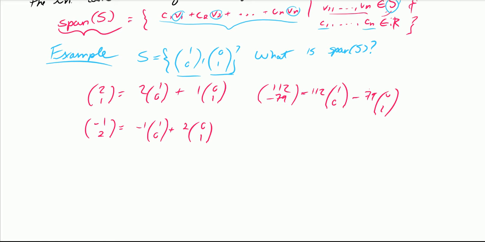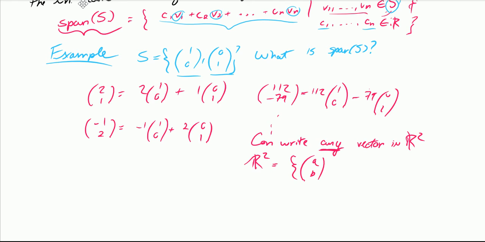Right? So you can write any vector in R2. R2 is just the set of vectors that can be represented as (a, b), such that a and b are both real numbers. So this is a vector space actually.